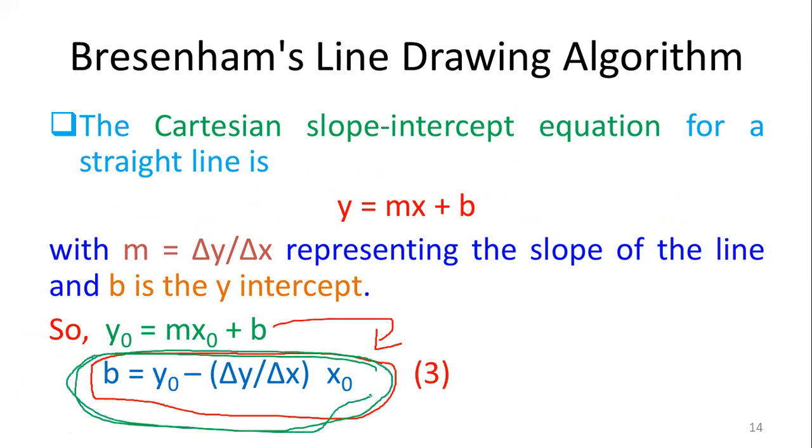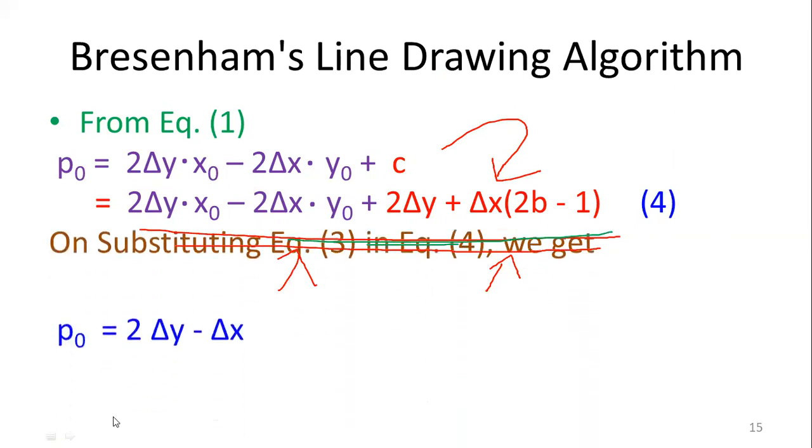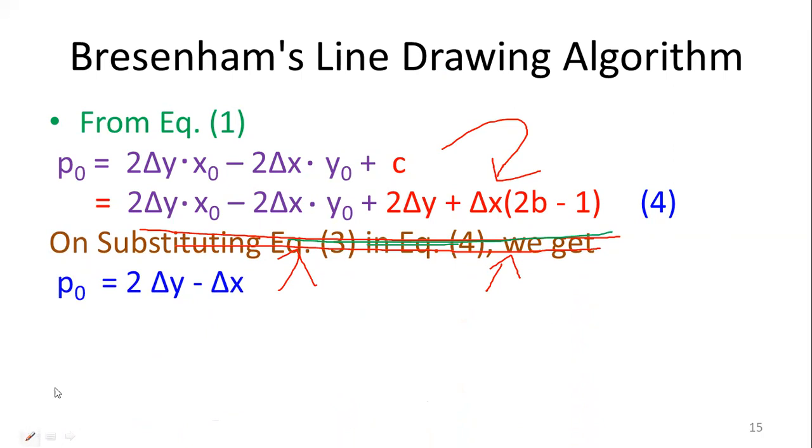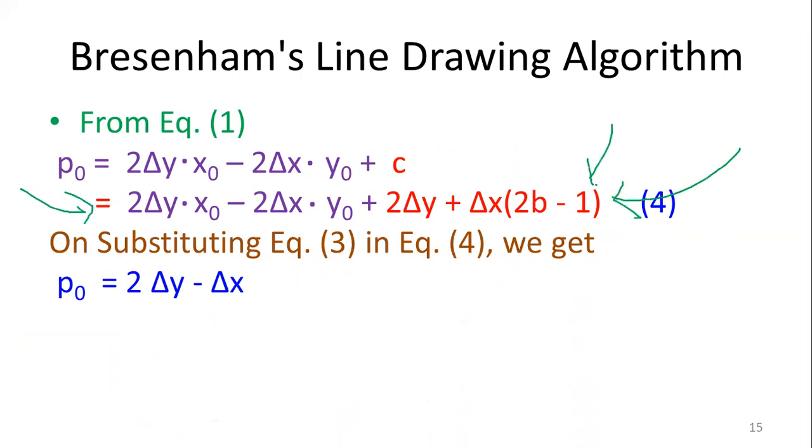So in this final equation, instead of b, you can substitute that particular formula that we derived in the previous slide, and then you'll get the answer as p0 is equal to 2 delta y minus delta x. Okay, so that's it. Thank you.